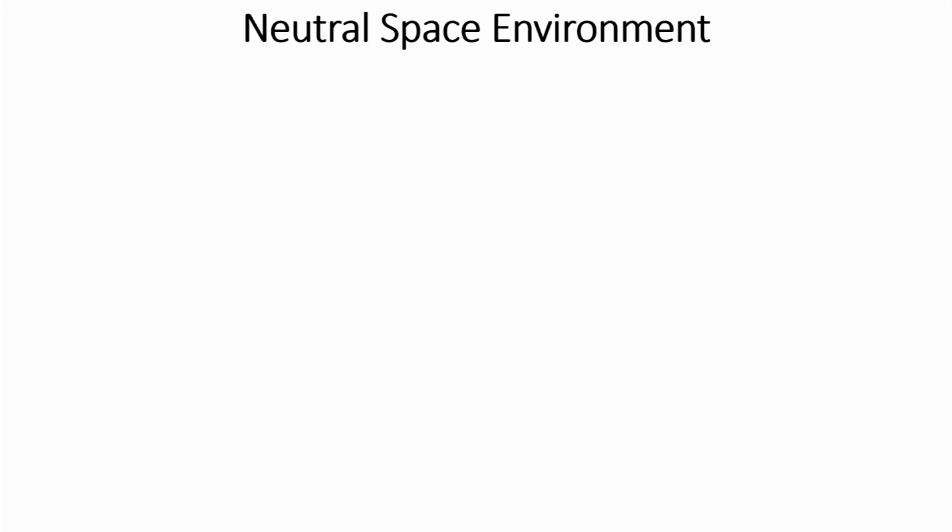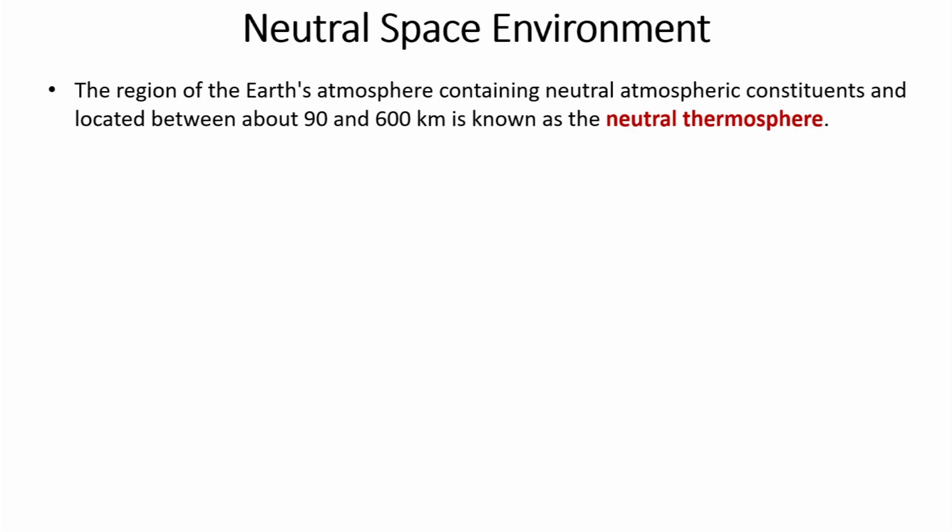Now, what is a neutral space environment? It is the region of the spacecraft's atmosphere containing the neutral atmosphere. Neutral atmosphere means those particles which are not charged particles, they are neither ions nor electrons, they are neutral particles.